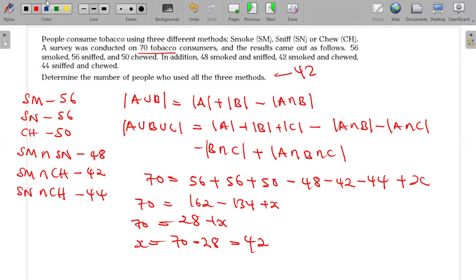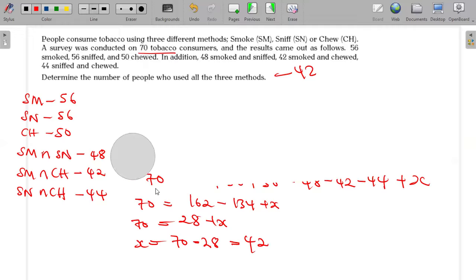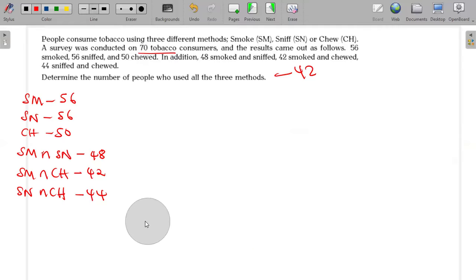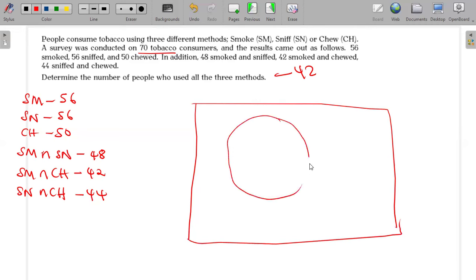Now, how would this look in a Venn diagram? That's the next thing we're going to do. We're going to draw a Venn diagram, like that. So you have one set there, then another there, and another set there.